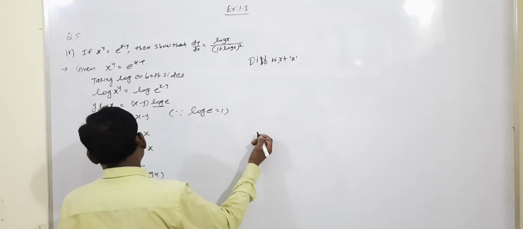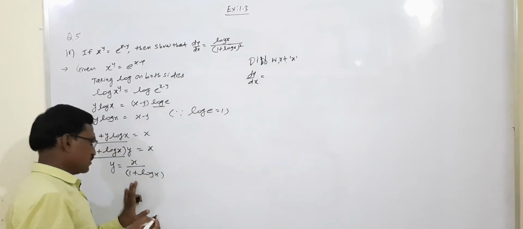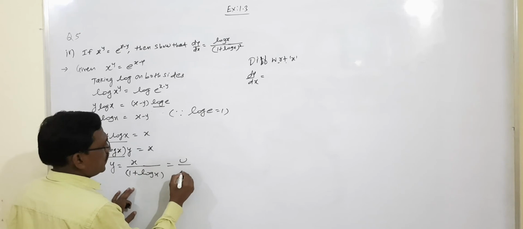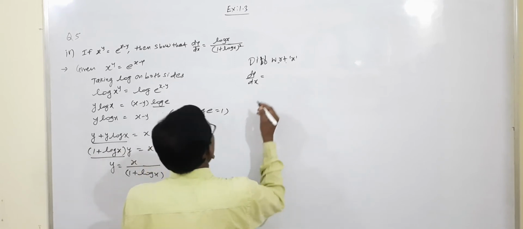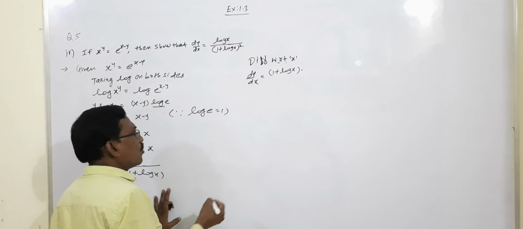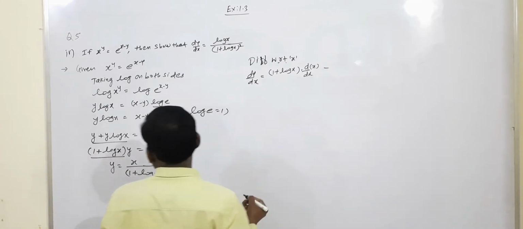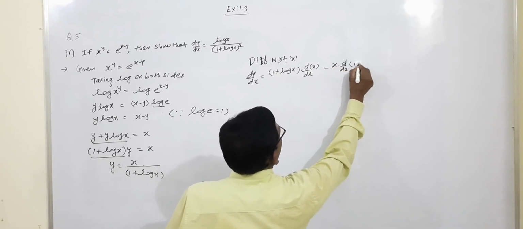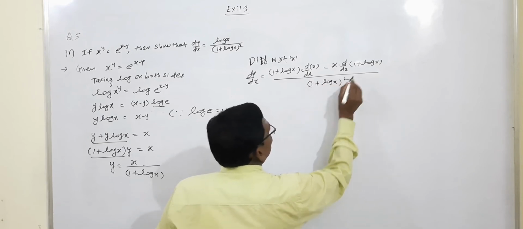So the derivative of y with respect to x, dy by dx, is equal to v as it is, meaning 1 plus log x, where x is u and this bracket is v, into derivative of u, which is x, minus u as it is, meaning x as it is, into derivative of 1 plus log x, and the whole divided by 1 plus log x whole square.